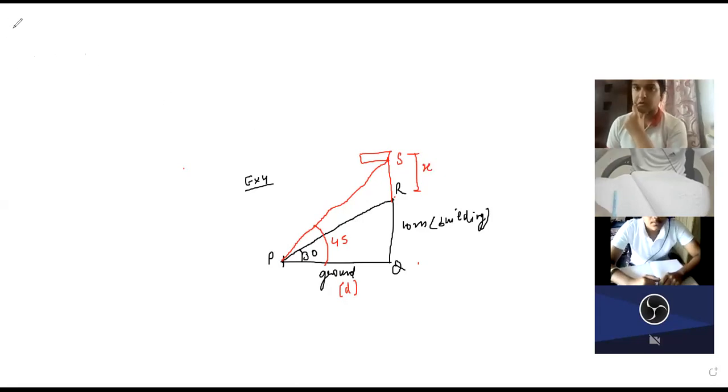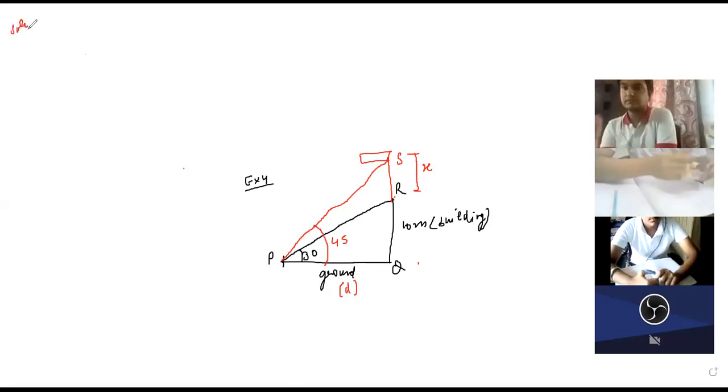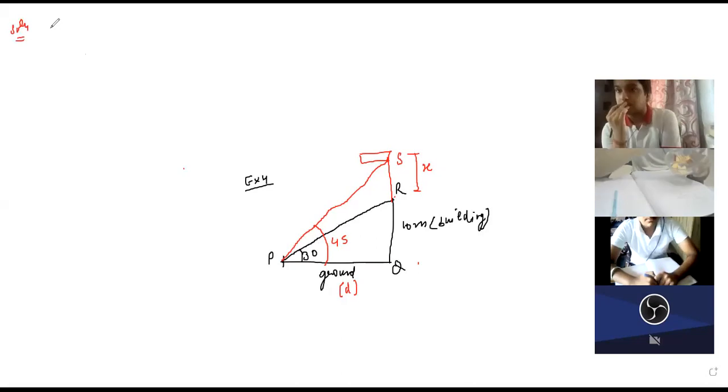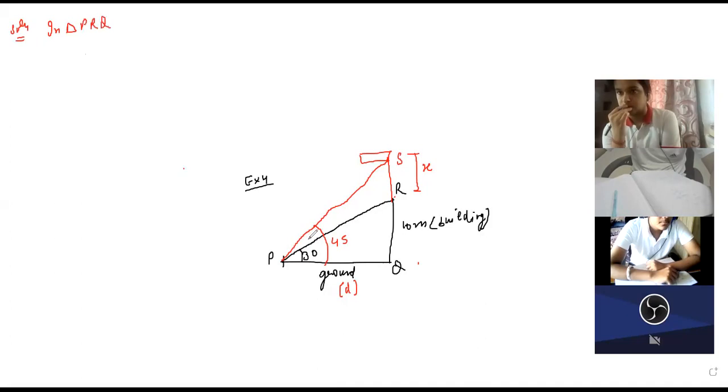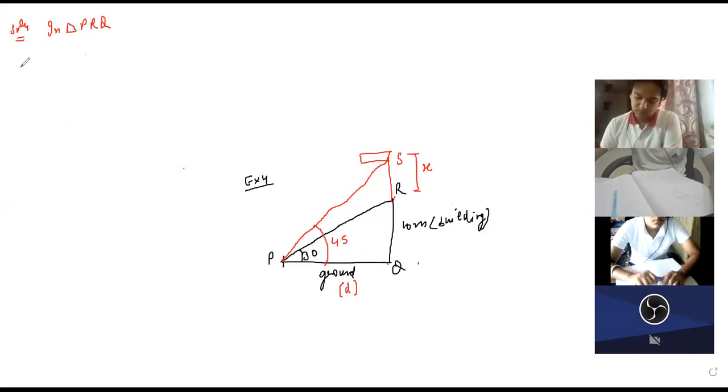So, sir, first we will find tan 45 and then tan 30. Let's see, son, in a moment. Now the question is clear to everyone. Yes, sir. Done. In triangle PRQ, I am taking the smaller triangle first. Now the height of the building is 10 and the ground distance I want to find. So I will make a relation between these two. RQ upon PQ is equal to tan 30.